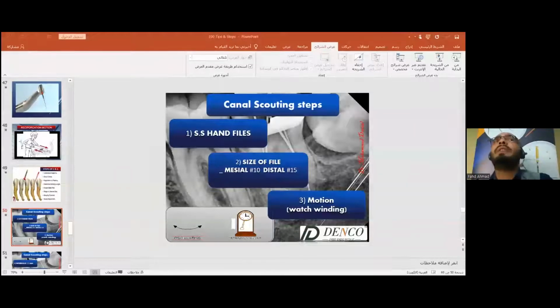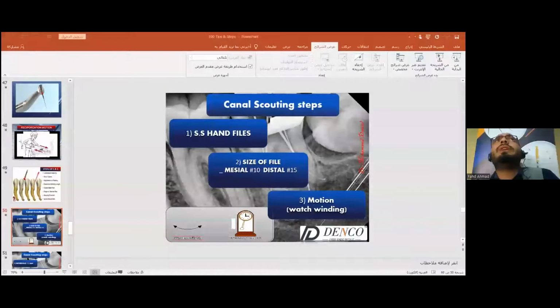I prefer 10 also to achieve patency. The third step is your hand motion should be watch winding motion as a pendulum. You know pendulum, an old clock pendulum, like this.